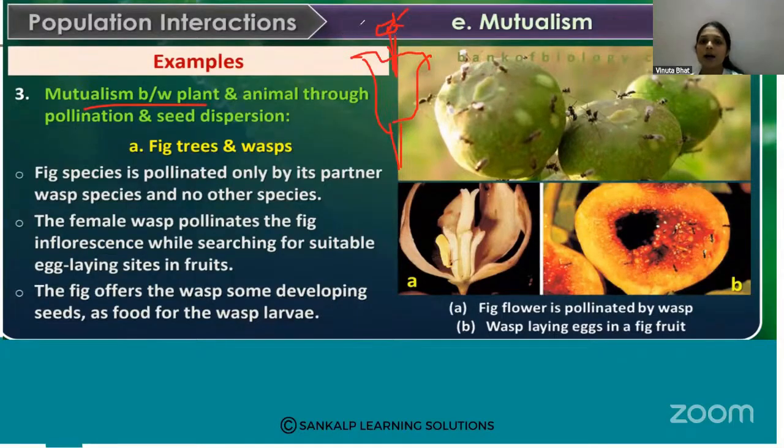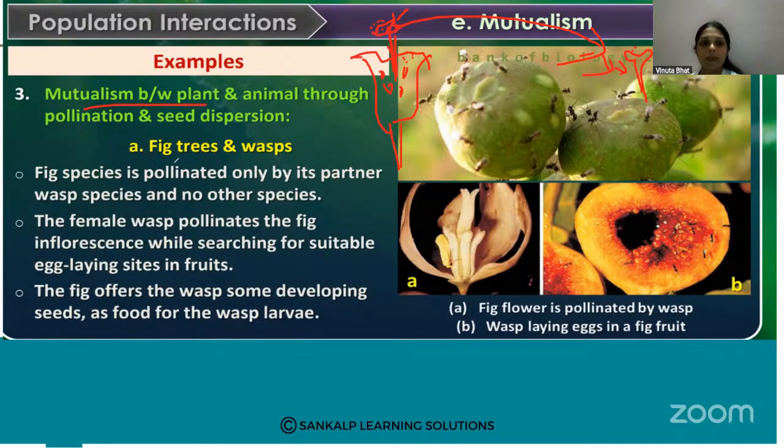Pollination means the insects get nectar from the flowers, and during this process the pollen grains from the anther attach to the body of the insect. When the insect moves to another plant, the pollen grains are released onto the stigma of the plant, and pollination takes place. As a result, these insects get the nectar.